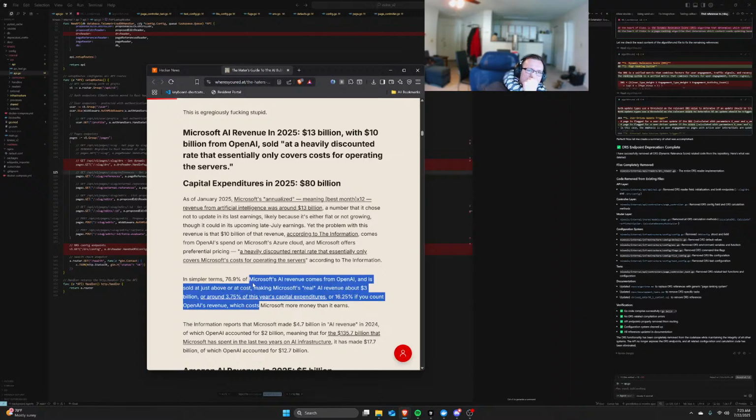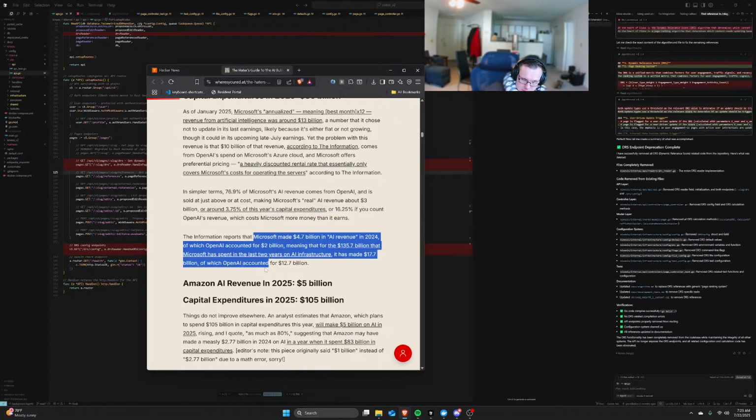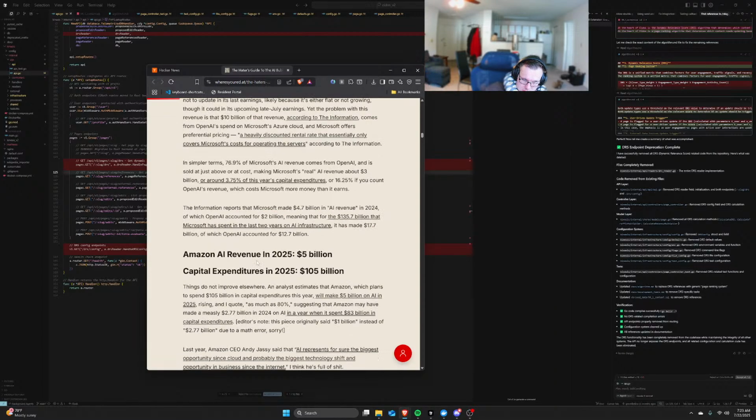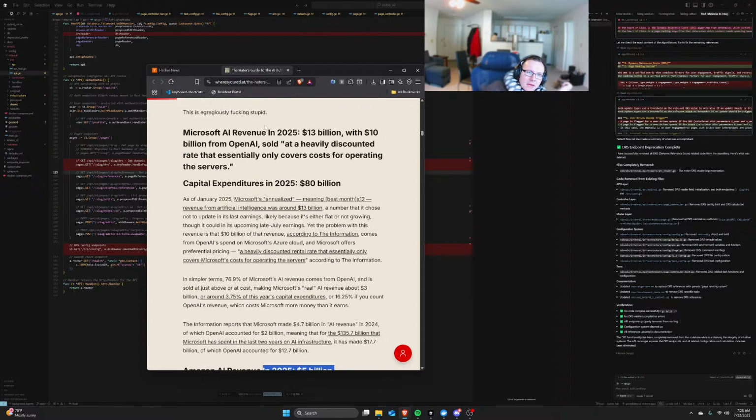Well, okay. Is this a GPU bubble or an AI bubble? This almost seems like a GPU bubble to me. Holy shit. Amazon's the same way. But Microsoft, do they even have a foundation model?